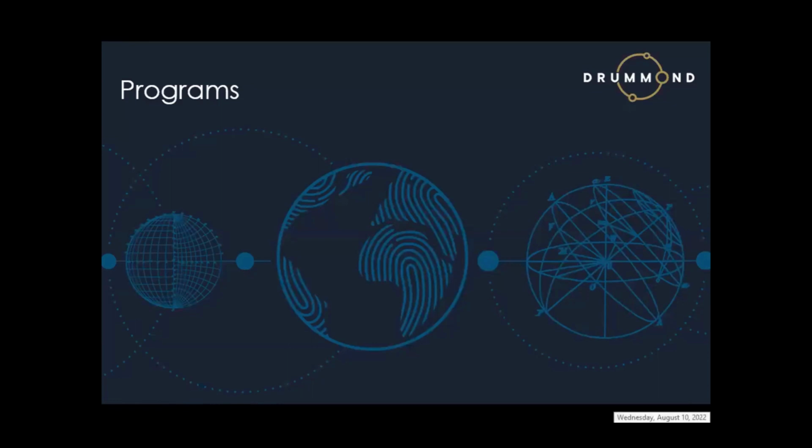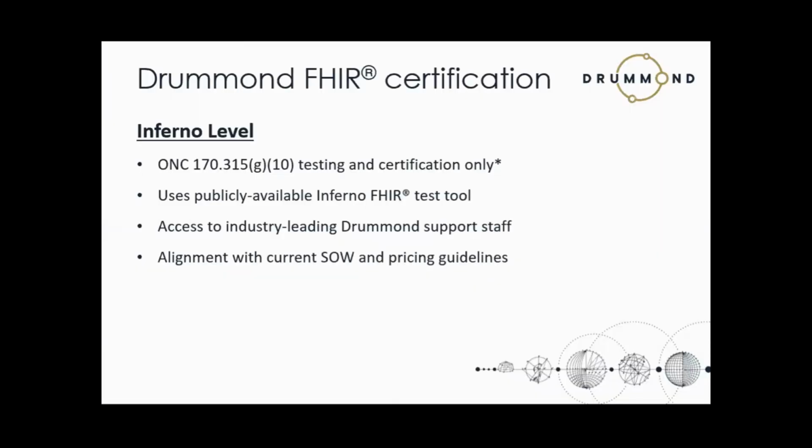So as mentioned, let's lay out for our ATS customer base here the runways towards G10 certification in terms of our program levels. So the first one is what we'll call the Inferno level. So as you would expect, it's the G10 testing and certification pathway. We will, answering again one of the Q&As earlier, backing up Tim's answer, obviously leverage the publicly available Inferno test tool.